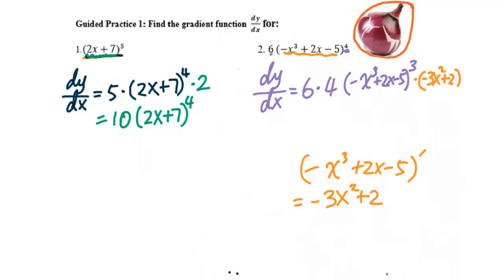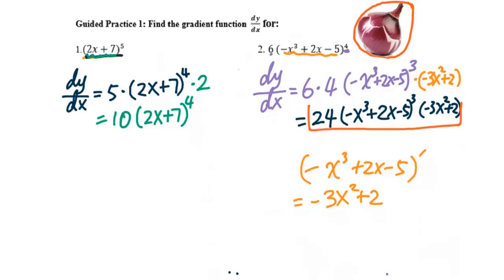Then I organize: 24 times (negative x third power plus 2x minus 5) to the third power times (negative 3x squared plus 2). Just leave as it is. You don't have to do the distributive property to expand this polynomial function.